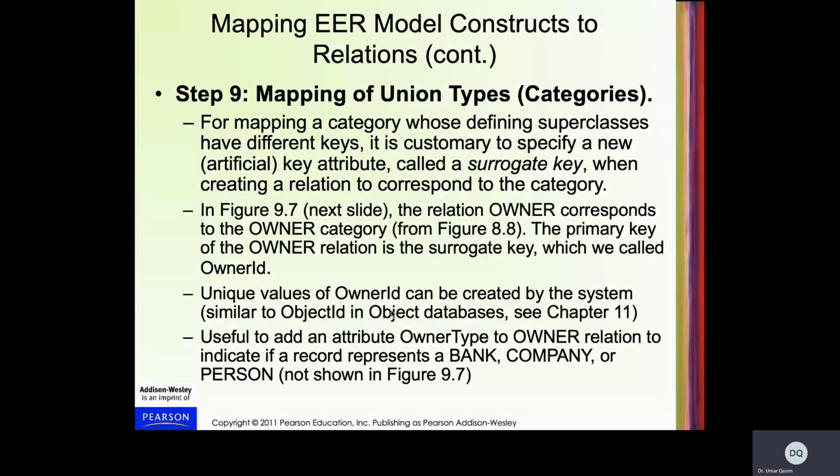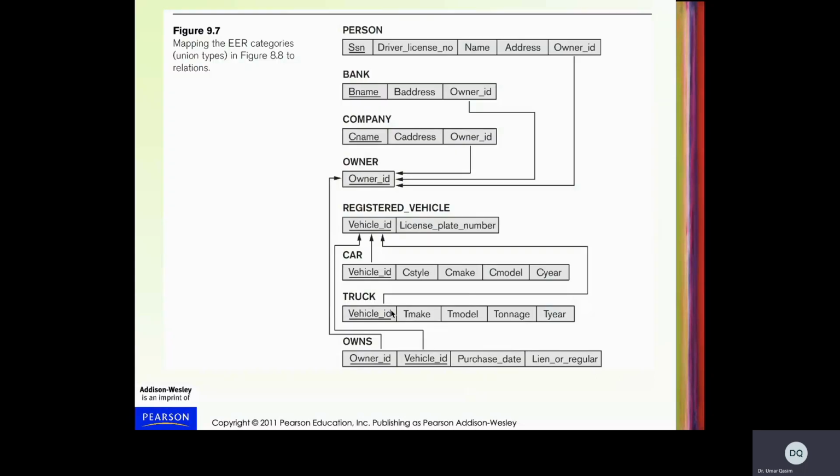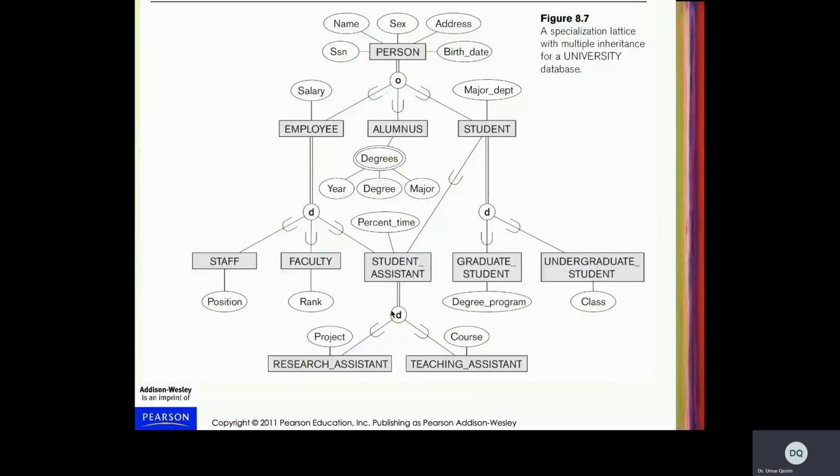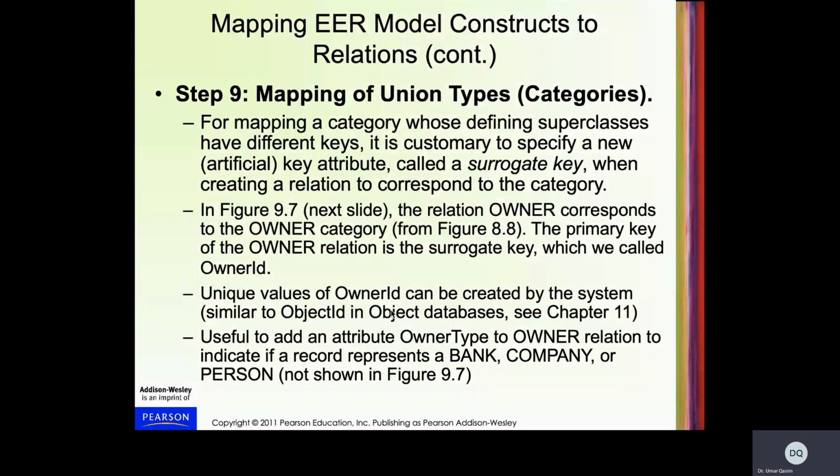Mapping of union types, the categories. For mapping a category whose superclasses have different keys, we can create new artificial keys or surrogate keys. Let's look at this example. In relation owner, owner corresponds to the owner category.